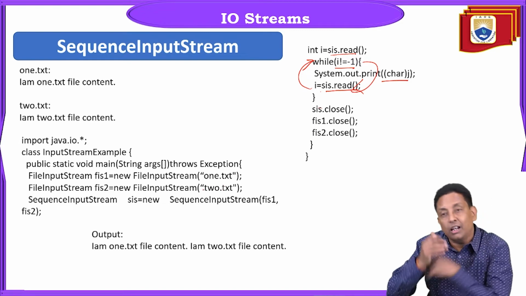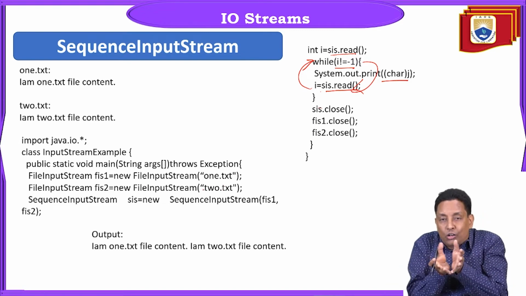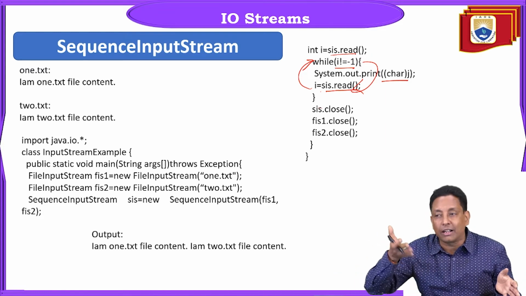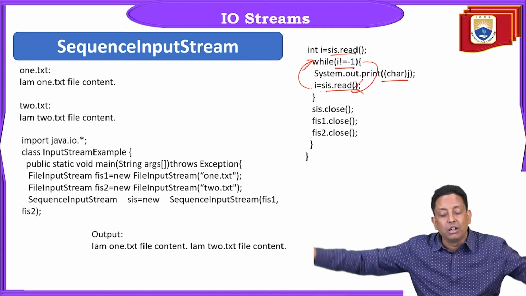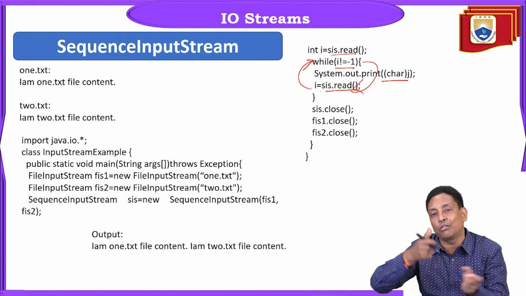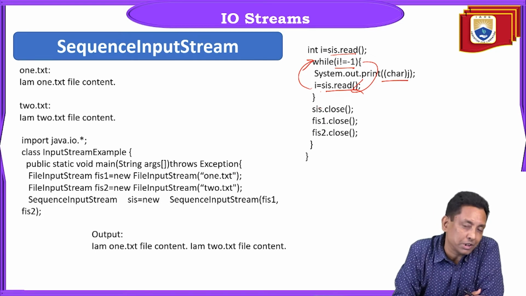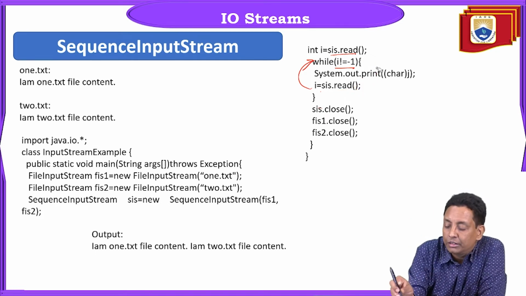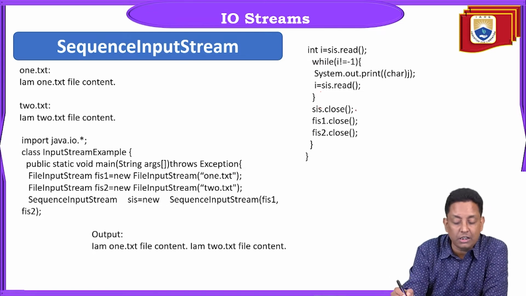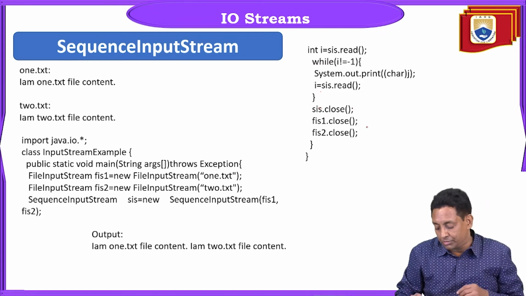Instead of operating on 2, 3, 4, 5, 6 file input stream objects with individual read operations and while loops, you club all of them into one sequence input stream, and as a single input stream object, you read from all the multiple input streams at a time. Finally, we are closing the sequence input stream object and the two file input stream objects.